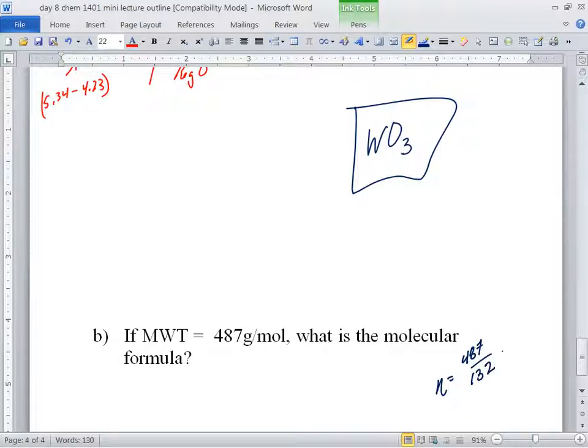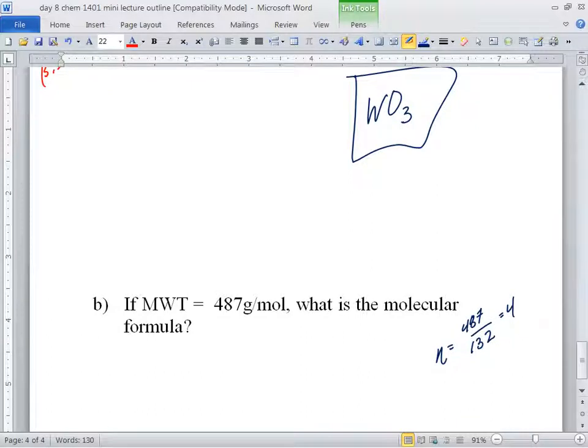Oh, I'm just copying yours. Don't do that. Someone else got 132. Did you get 132? Oh, Lorena did. So trust yourself. Confidence. And then divide the two and you got a 4. And then that would give you W4 of 12.